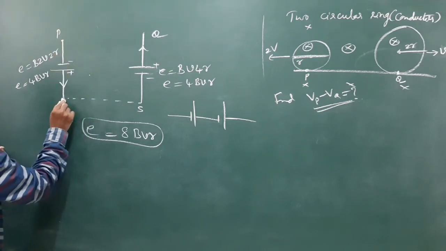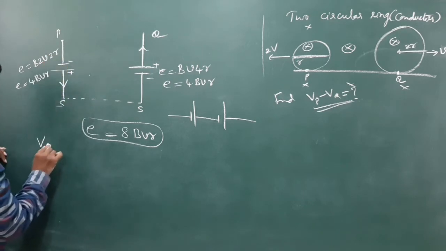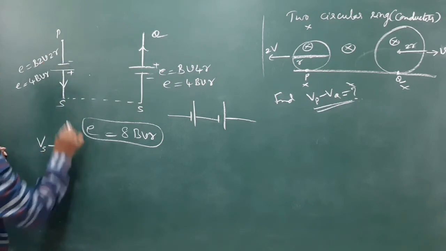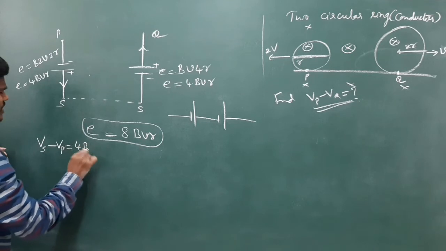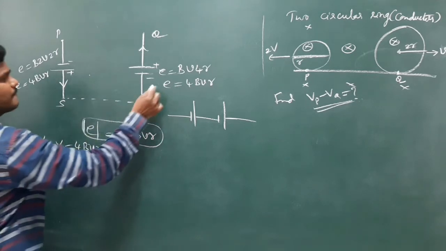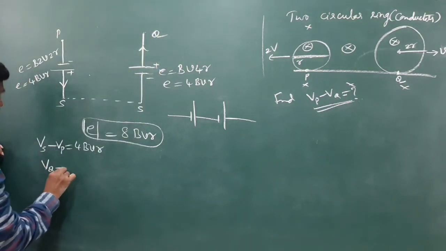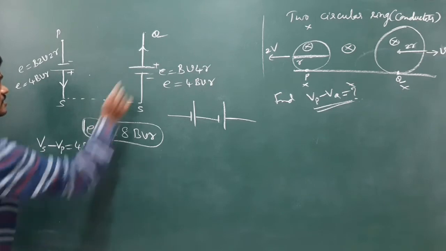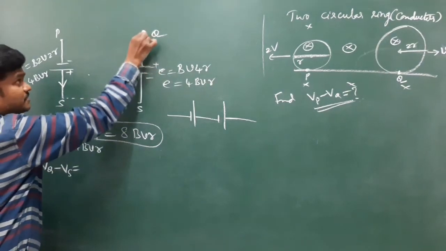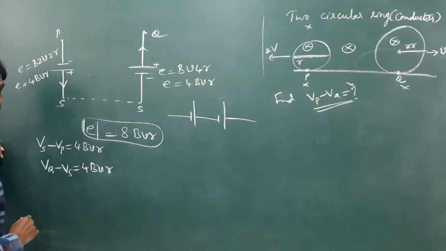See here this is at highest potential comparing to this. So you can write like this: Vs minus Vp equals 4BVR. Okay. And here which is highest potential? Q is highest potential. VQ minus Vs, because I'm taking Q as highest potential, is 4BVR.